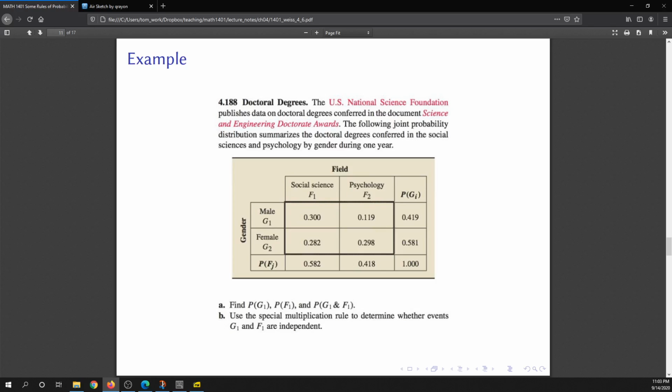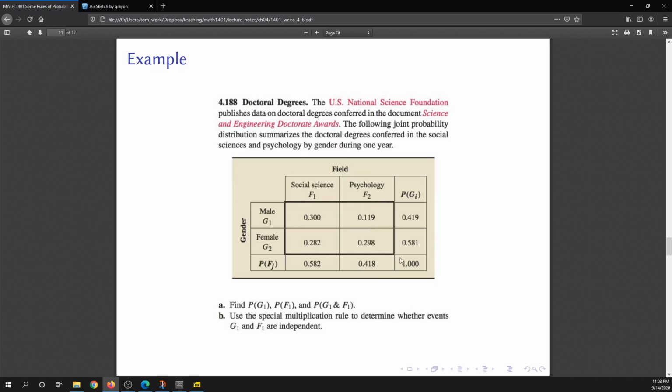So we have this contingency table. On the top, it's broken down by the field, either social science or psychology, in which the doctorate was awarded. And over on this side, it's broken down by male and female. And this is a probability distribution, so these are probabilities involved here.